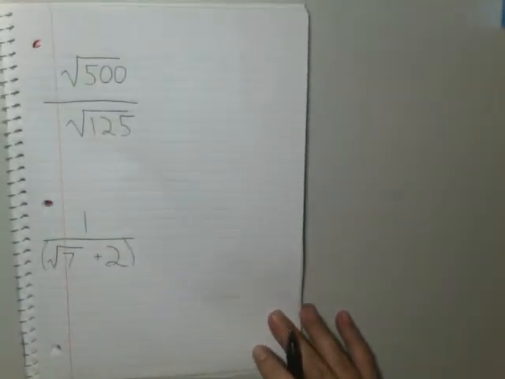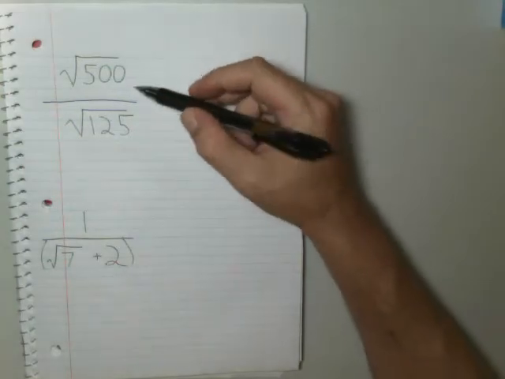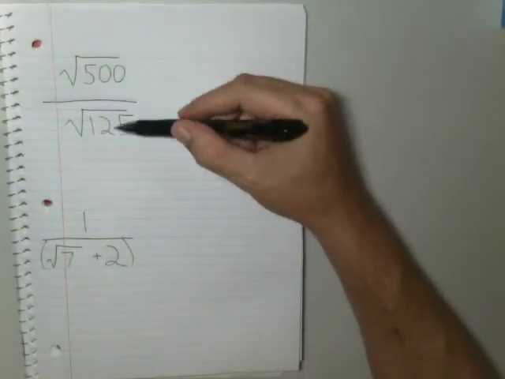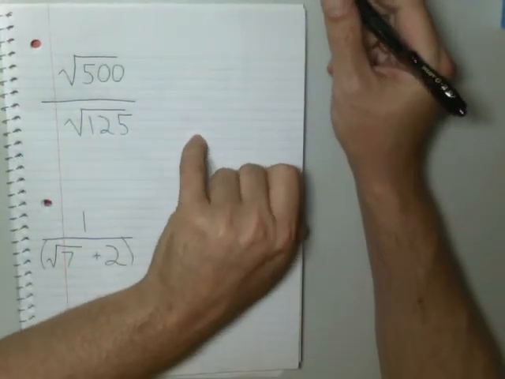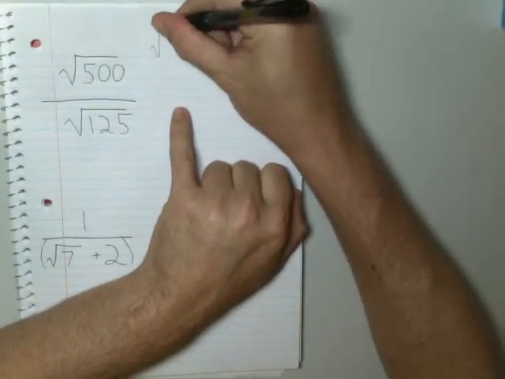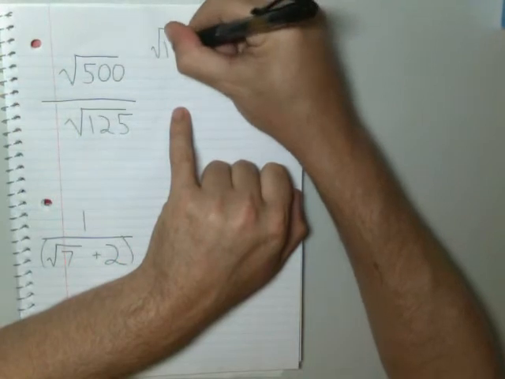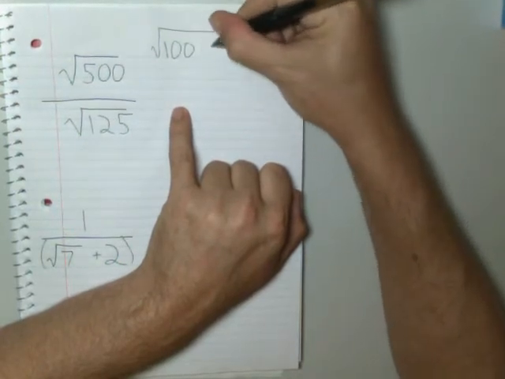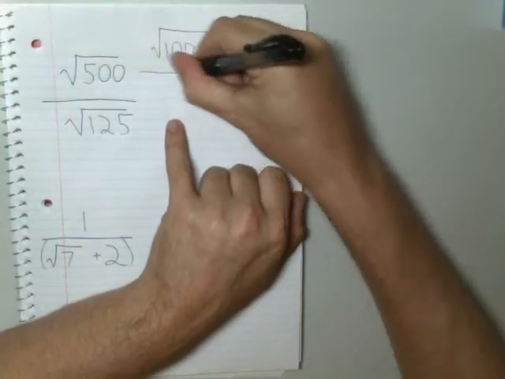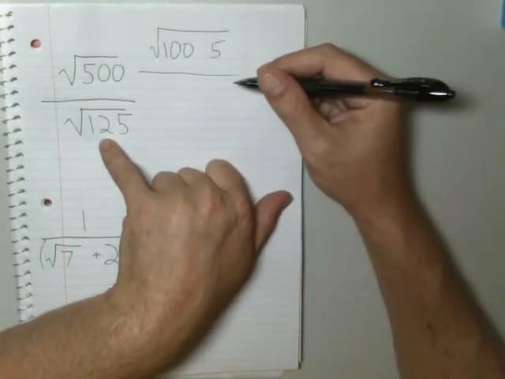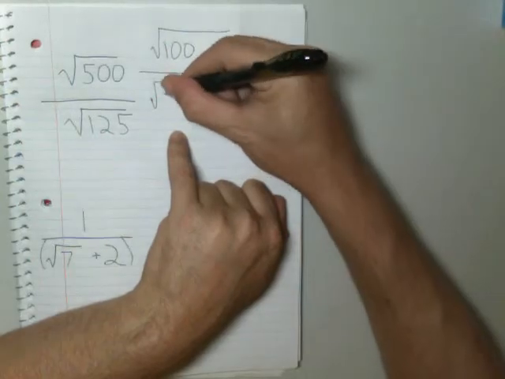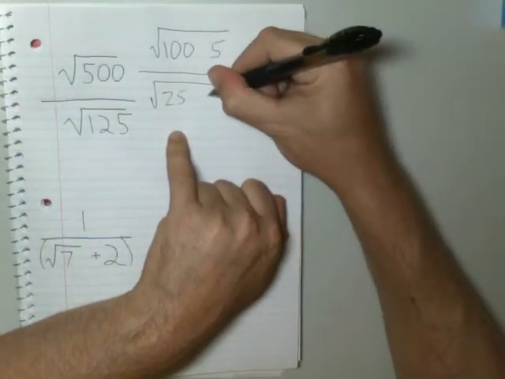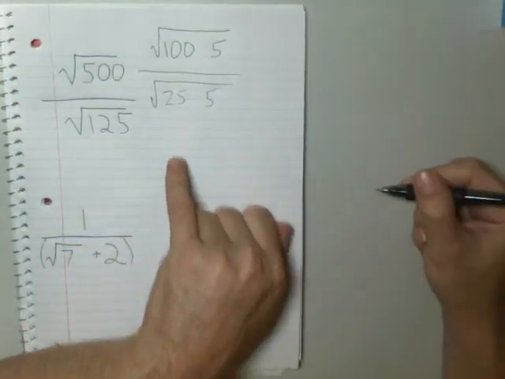If I'm dividing radicals, I do not want to start by dividing these two numbers. What I want to do is again factor these. So 500 is 100 times 5. The 125 is the square root of 25 times 5.